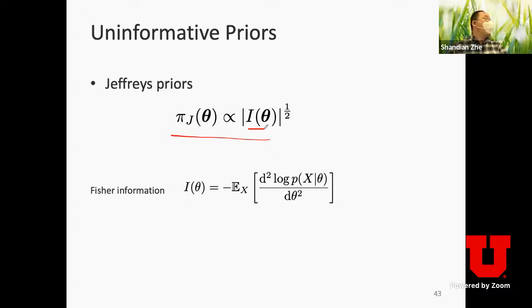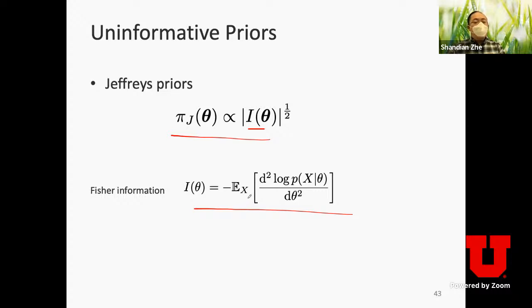So what's the definition of Fisher information? I gave you a very brief definition in our previous lectures, but here we give a more detailed definition. So the Fisher information is defined as follows. So here is your likelihood. You take the second order derivative of your log likelihood with respect to theta.